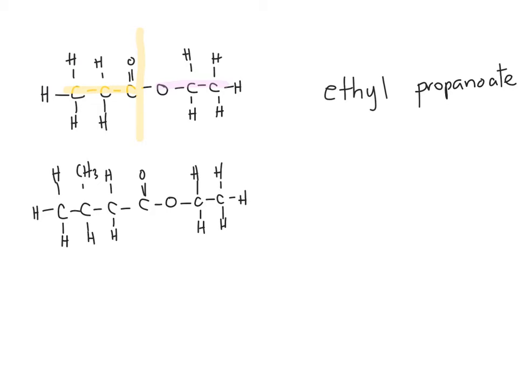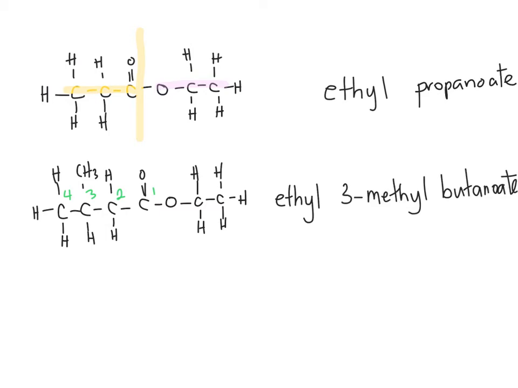So you also have to name the side group, but the side group comes in after the prefix for the alcohol. So this would be ethyl for the alcohol, and then 3-methyl butanoate.